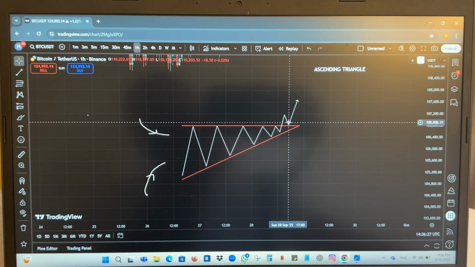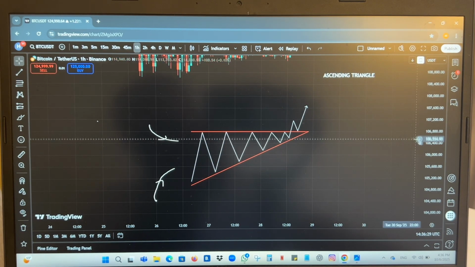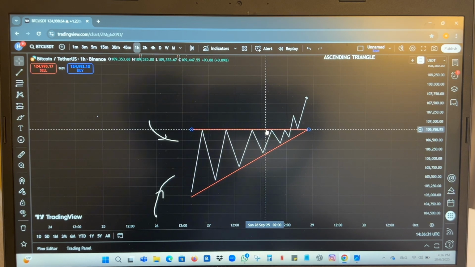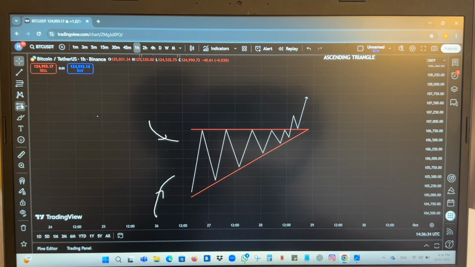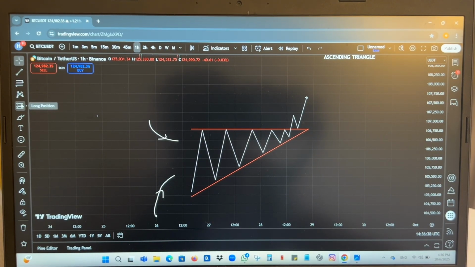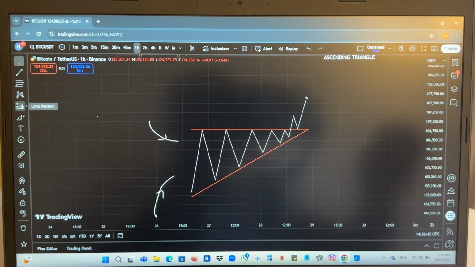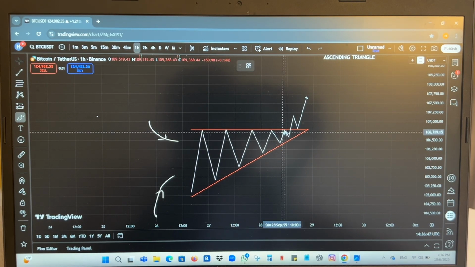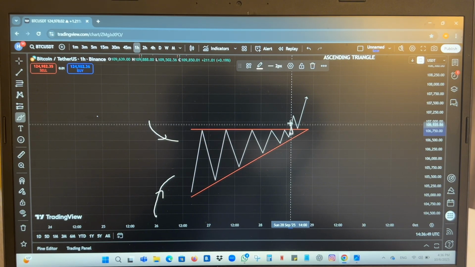And then let me talk about where to get in on this entry. Just like before, for all these entries you need to wait for the retest, because the retest is crucial. The retest is extremely important. Now in this case, the market is in an uptrend.